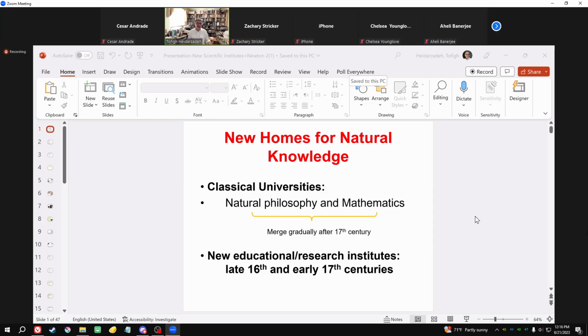Now, what do we see here with the appearance of people like Kepler, people like Descartes, and we will see later many other thinkers in physics? We see that mathematics and natural philosophy start to merge. How? Again, back to the teachings in universities, in philosophical books, you had natural philosophy based on, say, Aristotle's physics.